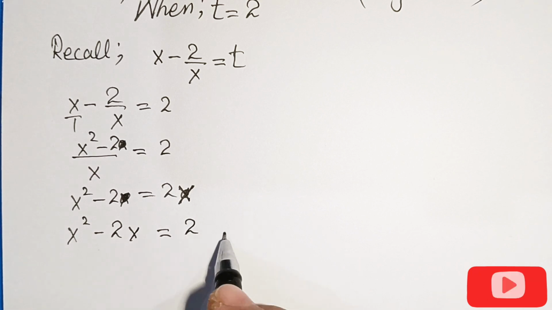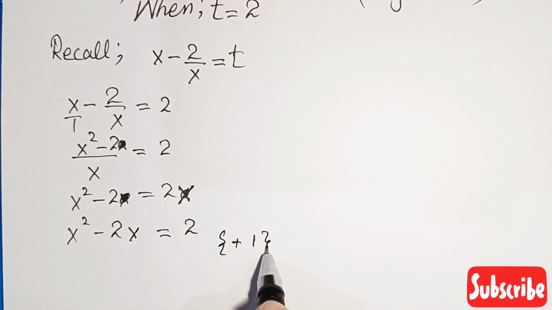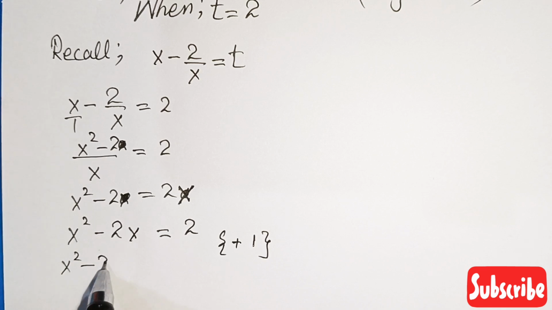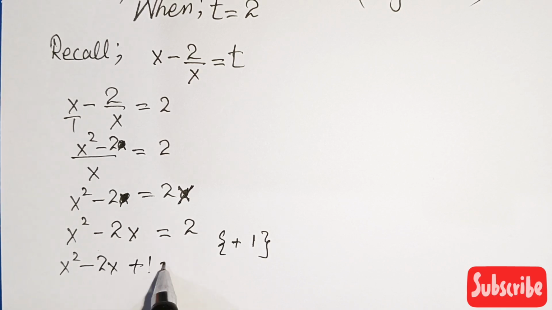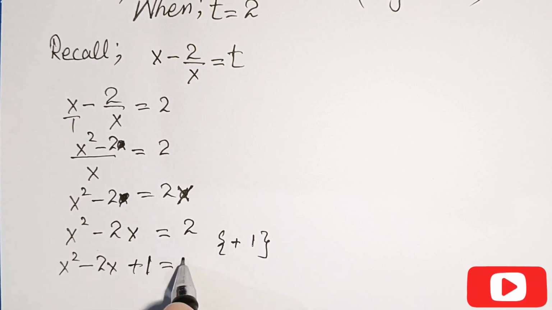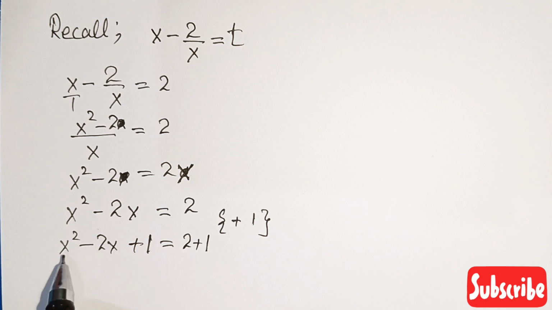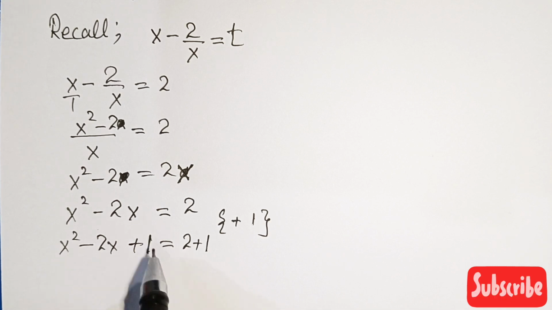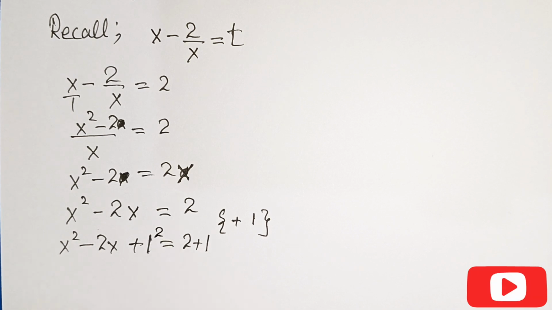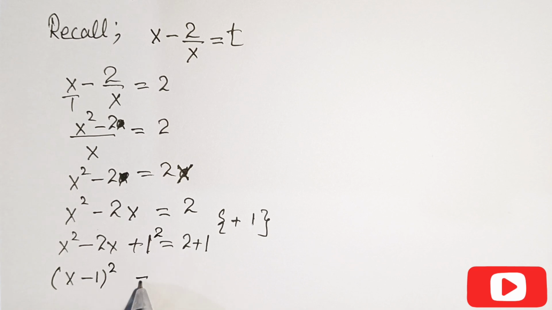Now if we add 1 on both hand sides, then we have x squared minus 2 times x plus 1 is equal to 2 plus 1. Now x squared minus 2x plus 1 is of the form a squared minus 2ab plus b squared, so it is x minus 1 whole squared, which is equal to 2 plus 1 is 3.